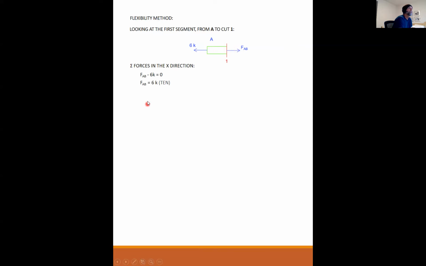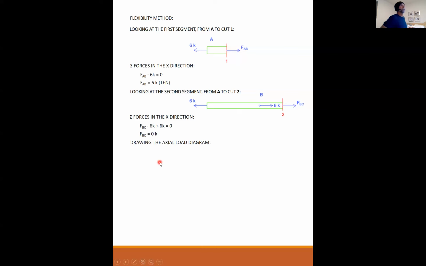So FAB equals 6 kips in tension. Looking at the second segment from A to cut 2, my end reaction, my load, my unknown force FBC. Sum the forces in the x direction. I have FBC minus 6 plus 6 equals 0. Therefore, FBC equals 0 kips. No force in FBC.